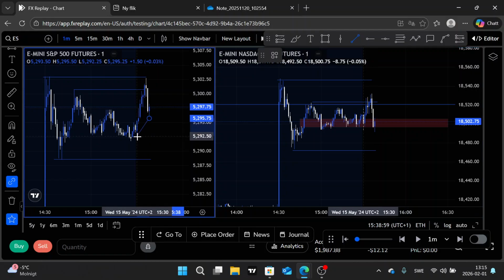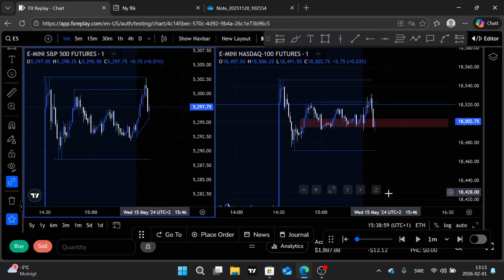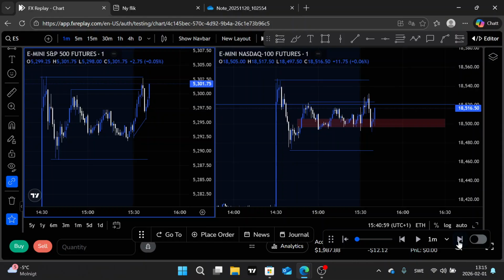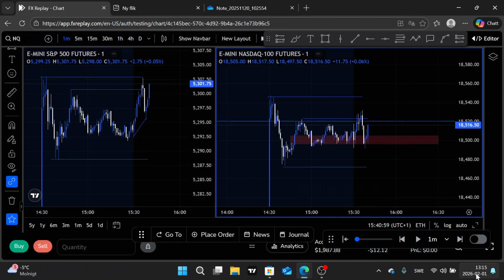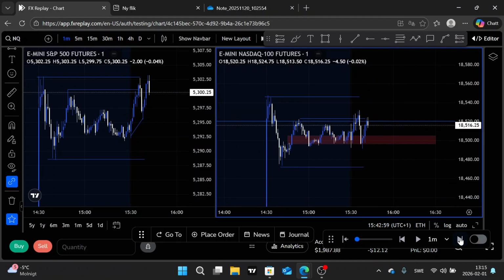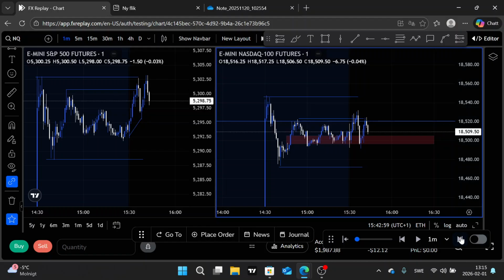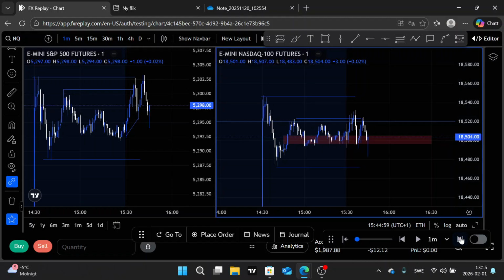We didn't take this low on ES. We put a bearish SMT now. We didn't take this high on ES. So we still have SMT.